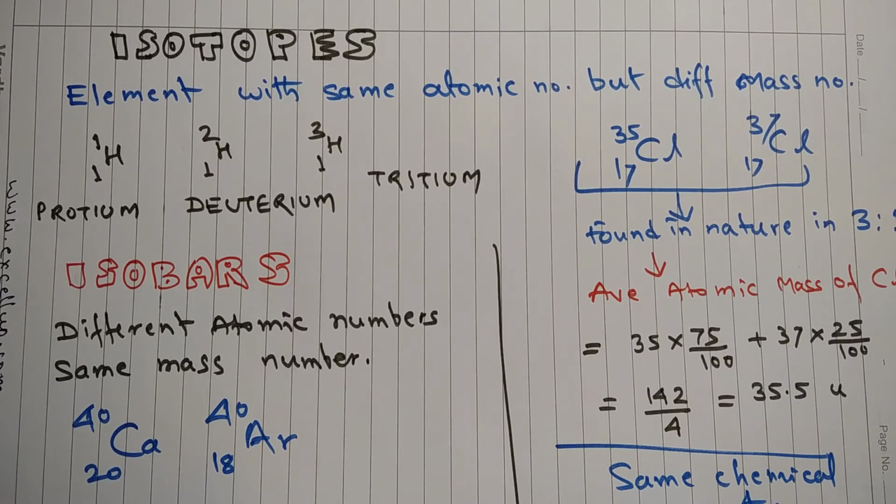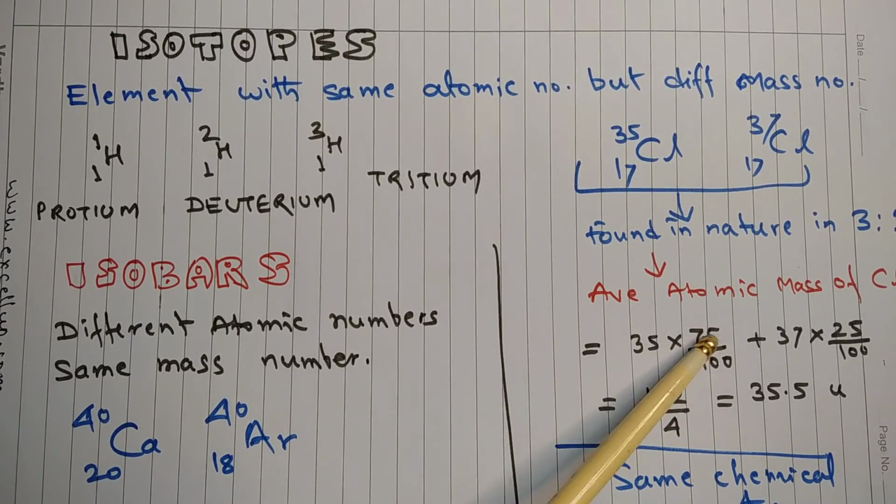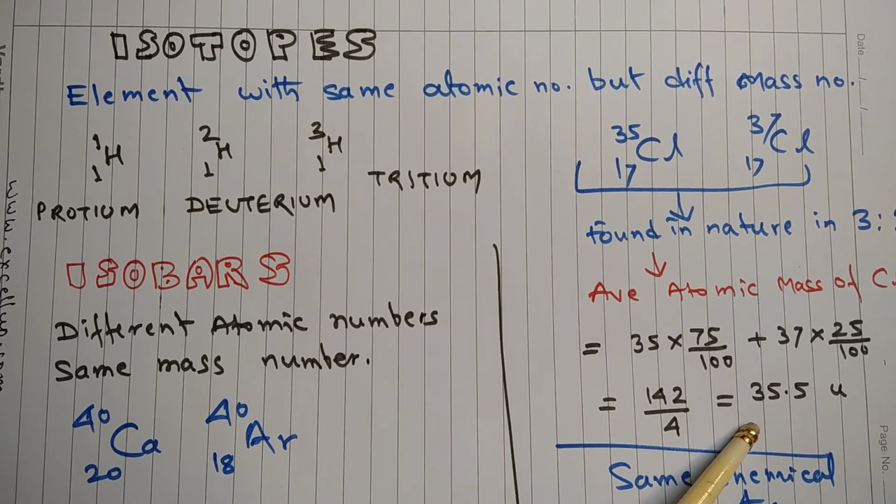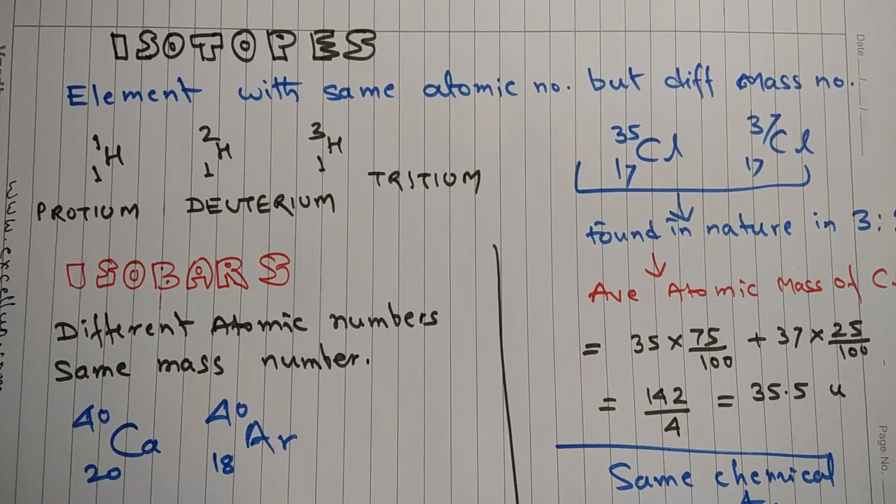So average atomic mass of chlorine can be calculated as 35 multiplied by 75 upon 100, or 3 upon 4, plus 37 into 25 upon 100, or 1 upon 4. So it is equal to 142 upon 4, which is equal to 35.5 unit. This does not mean that every atom of chlorine will have a mass of 35.5 unit.